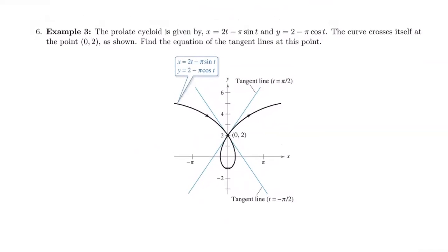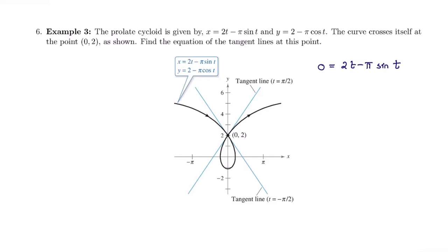And so just for reference, we should find what the value of t is. They told us that it's at two places in the graph. It shows pi over 2 and negative pi over 2, but we need to be sure about that ourselves. If I set x equal to 0, since I'm at the point (0, 2), then 2t minus pi sine of t equals 0.